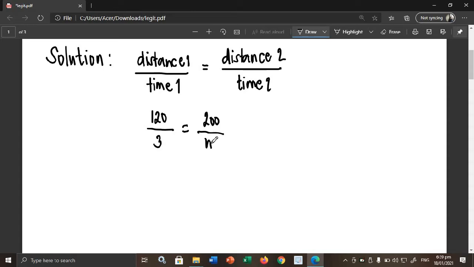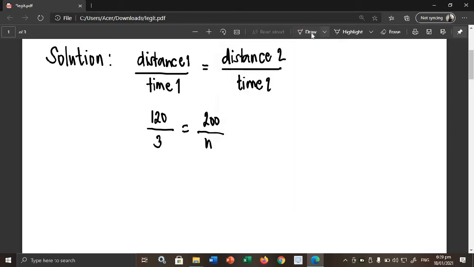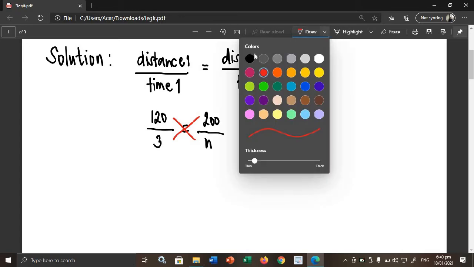And then, just like what I taught you last lesson, to find a missing term in a proportion, you need to cross-multiply if the given is written in fraction notation.